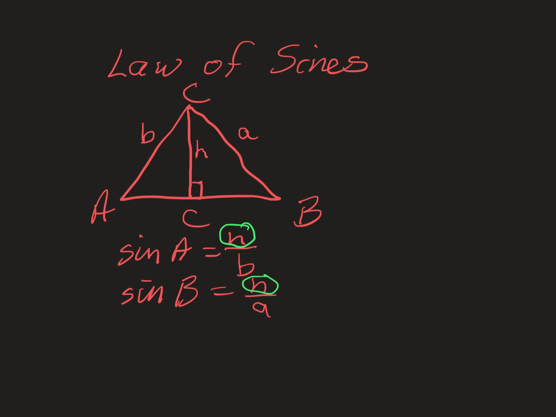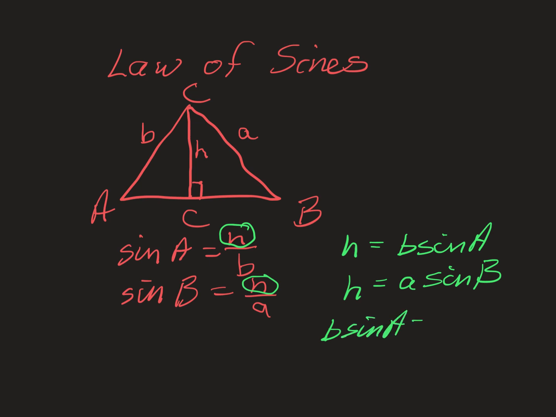So we could solve for h in each case. And so we get h equals b sine A, and we get h equals a sine B. All right. Now, since they're both equal to h, we can set them equal to each other. b sine A equals a sine B.